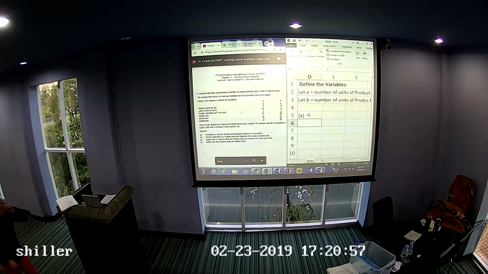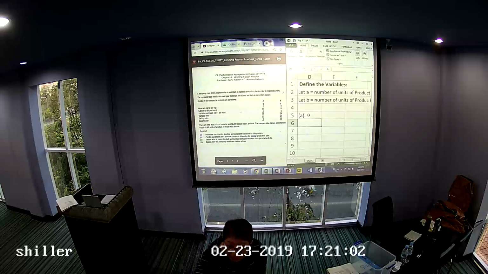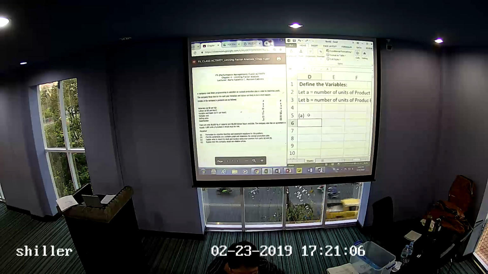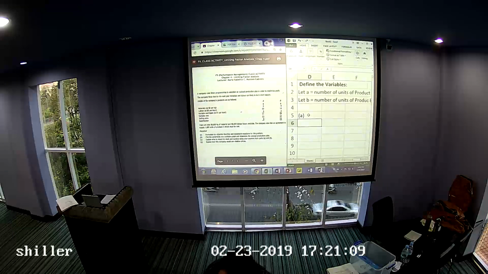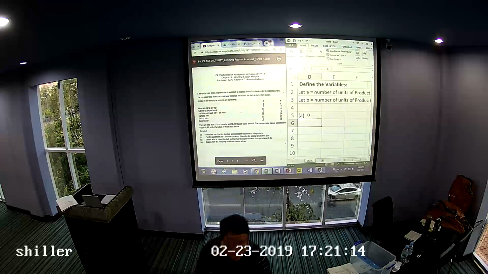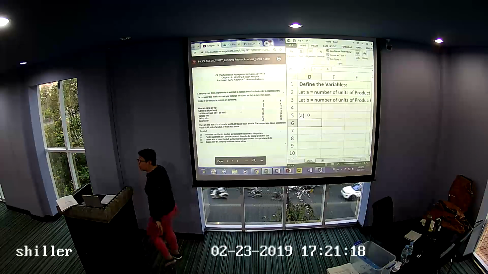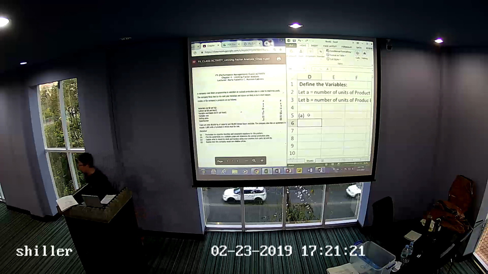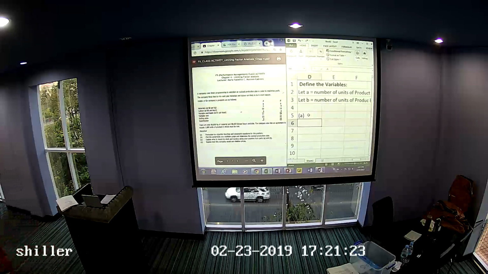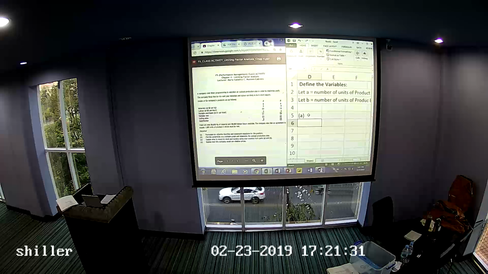It says product A is $6 per unit of A, correct? How much is per kilogram? $2. Which means how many kilograms I will use for A. Now give me the equation. That means $6 is the price per unit, the material cost of product A.